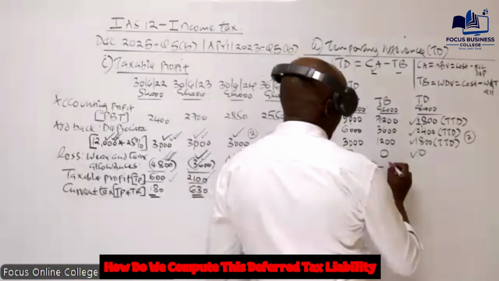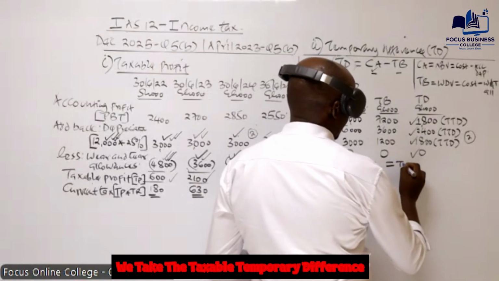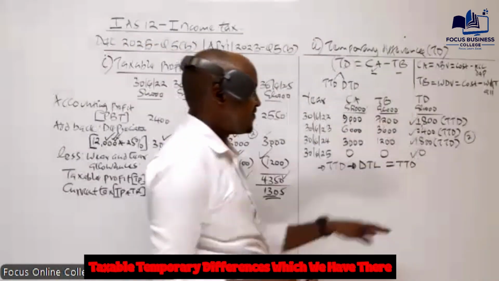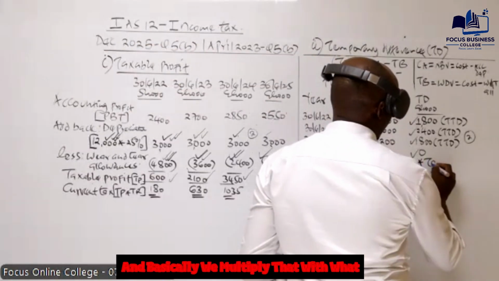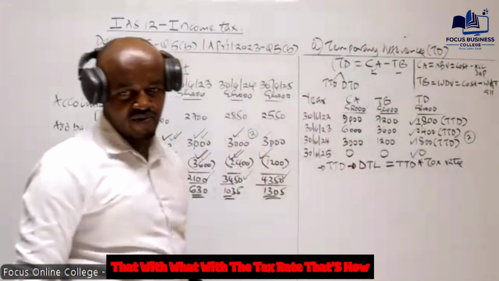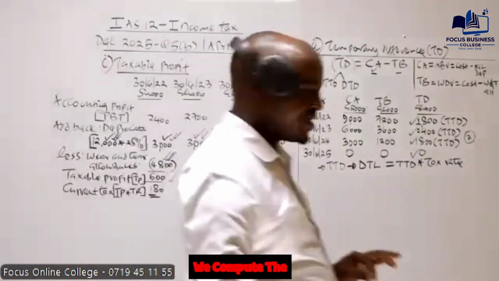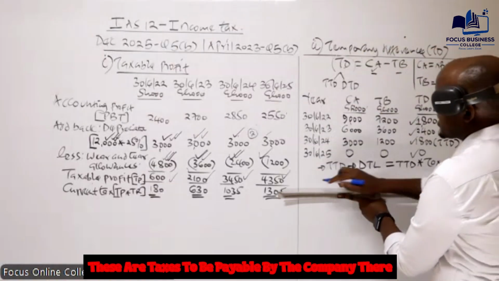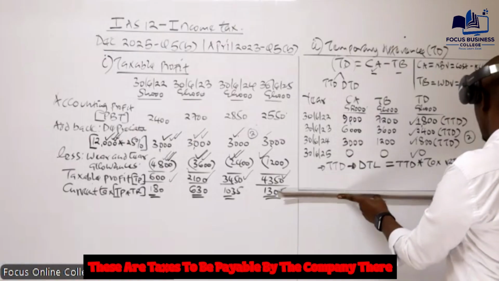How do we compute this deferred tax liability? We take the taxable temporary differences which we have there, and basically we multiply that with the tax rate. That's how we compute the deferred tax liability. Deferred tax liability, remember, these are taxes to be payable by the company there in the future.